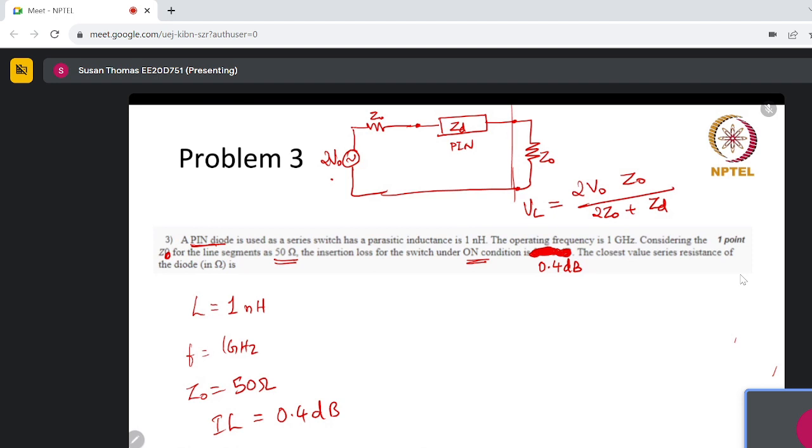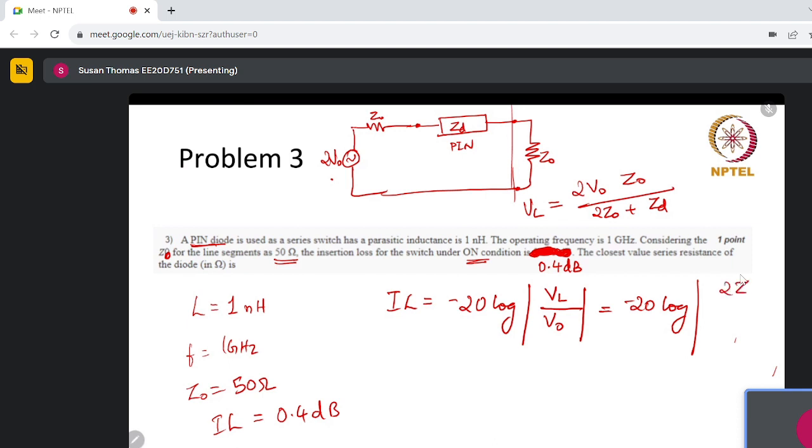Now, how do you calculate the insertion loss? Insertion loss is minus 20 log of VL by V0, so minus 20 log of 2Z0 by 2Z0 plus ZD. So that is the insertion loss.